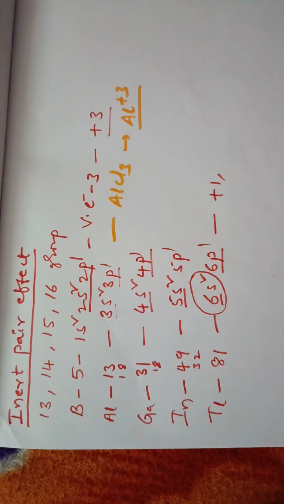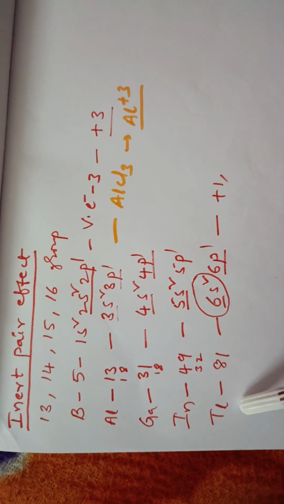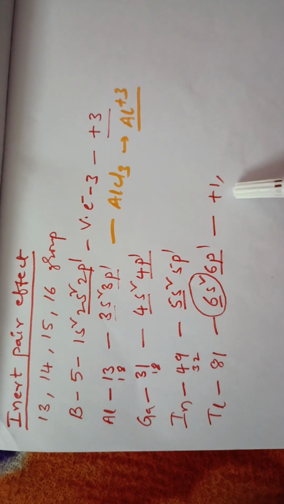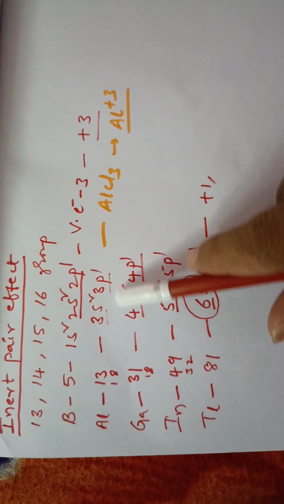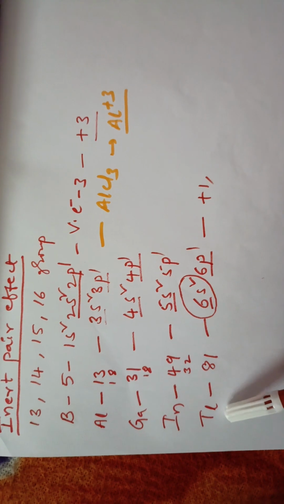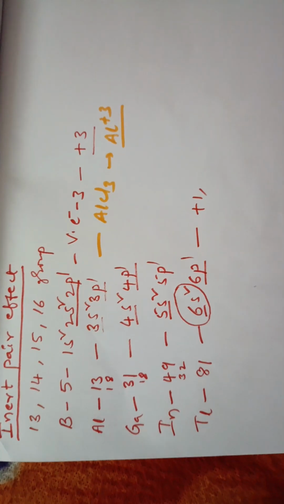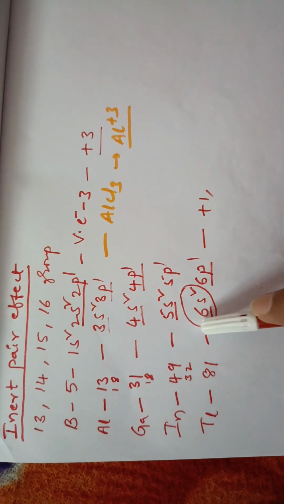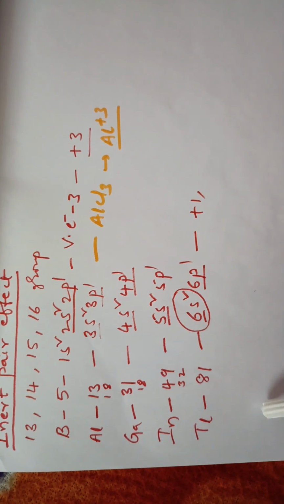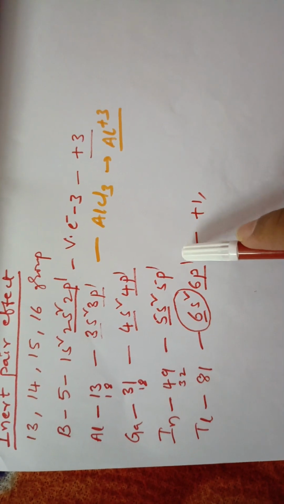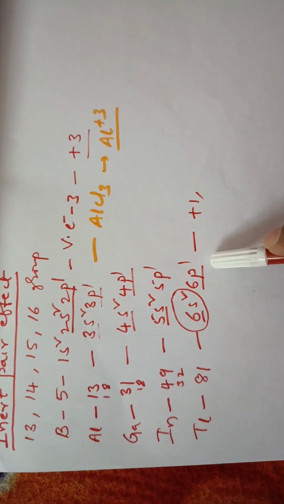Okay, but thallium exhibits only plus 1 oxidation state instead of plus 3. Why? These 6s2 electrons are not participating in bond formation. Only this single electron can participate in bond formation.